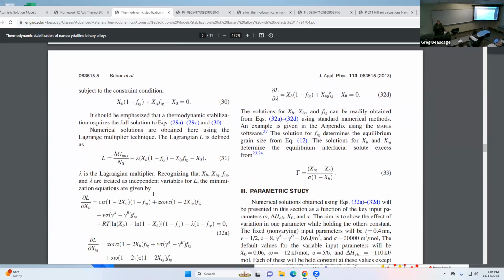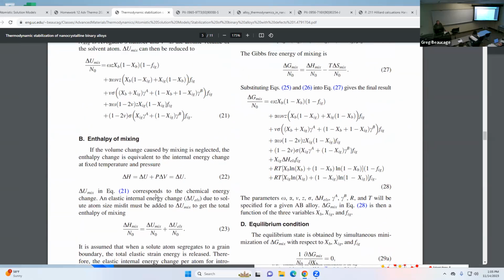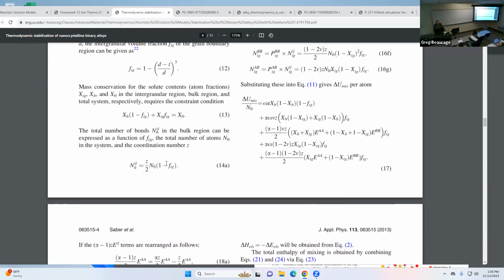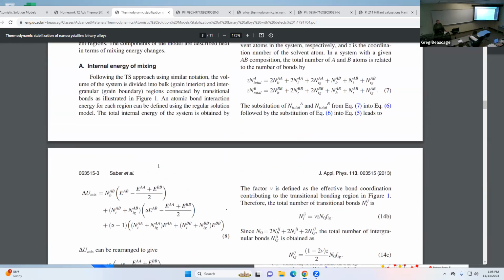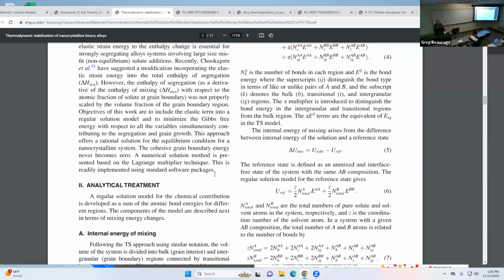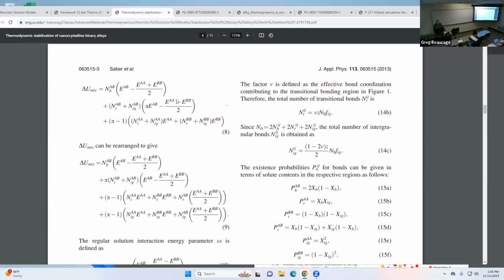That's basically an interesting example of how you can apply this kind of simple Hildebrand model and then just add on features to it to try to get an answer to how big it is, how do you get a nano-sized grain? So then his parameters to manipulate are these bonding energies between the components.